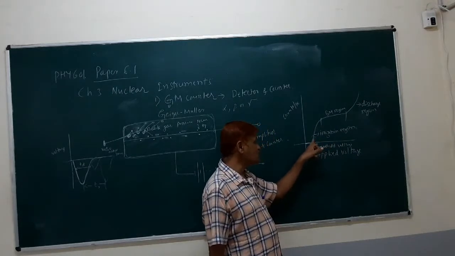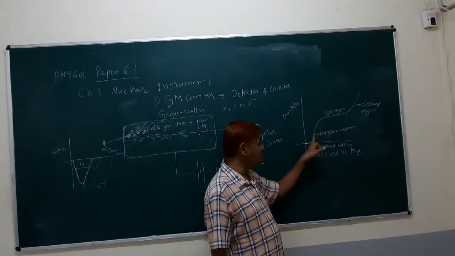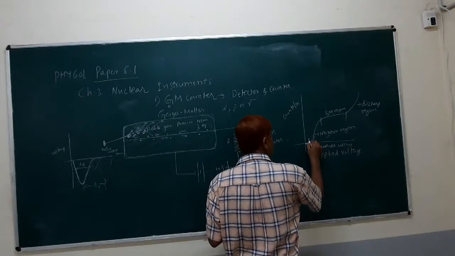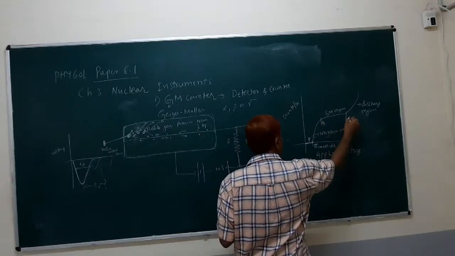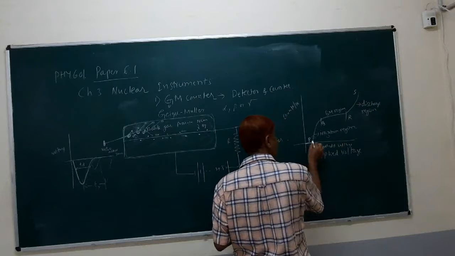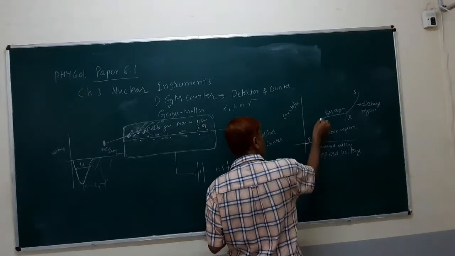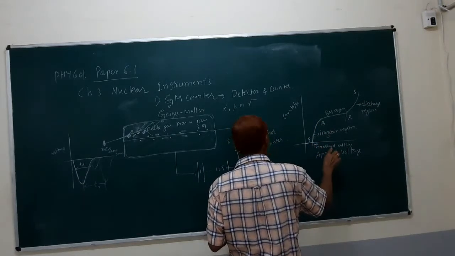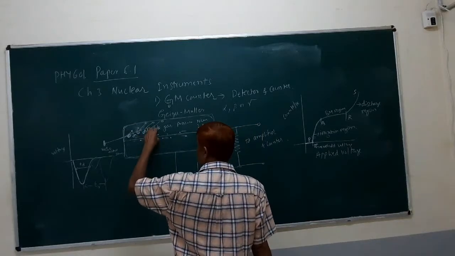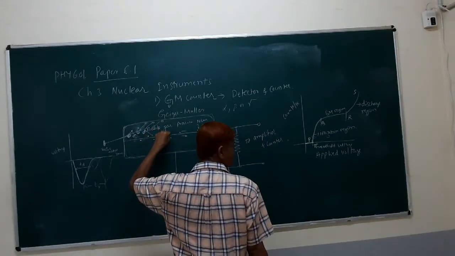Alright, in this process, I will call this point P, this Q, this R, and this S. From P to Q, if you go on increasing the voltage, it will attract more ion pairs towards the electrode.